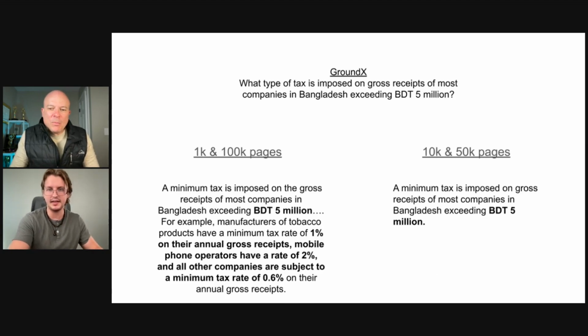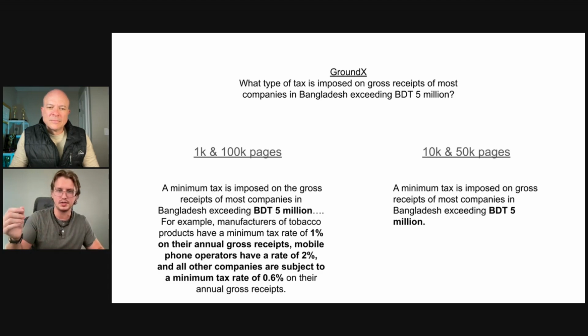Yeah. And then this one was kind of interesting. I saw almost exclusively that things get worse, but there is a little stochasticity to this, depending on the system you're working with. So GroundX, our system, actually got this question right on 1,000 pages and 100,000 pages, but it got it slightly wrong on 10,000 pages and 50,000 pages.